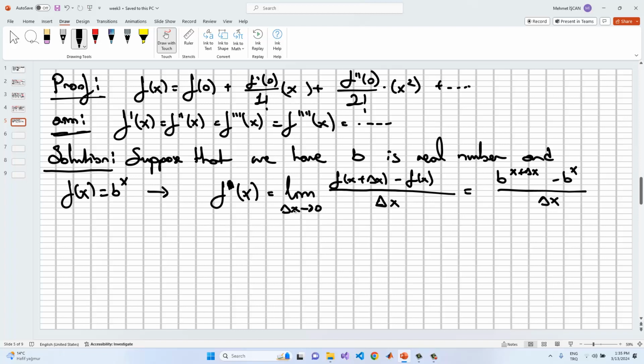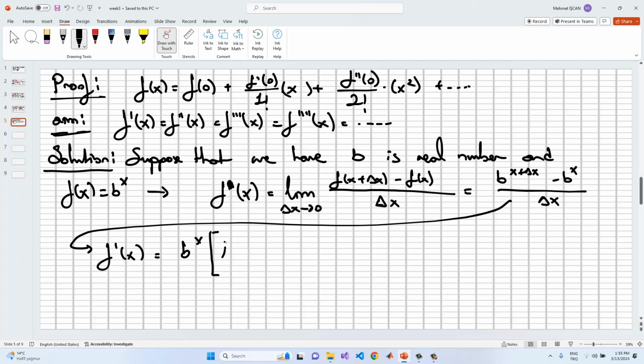And so we can reorganize the whole equation just like this one. f'(x) can be written by taking b^x outside parentheses, and so we can write the limit as delta x goes to 0 of (b^delta x minus 1) over delta x, right? And so at each differentiation, taking the derivative, this must be going to equal to b^x, and so this part must be equal to 1.